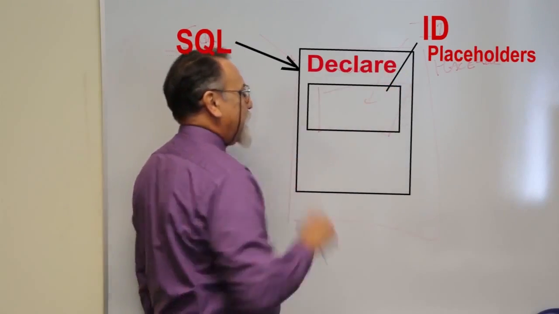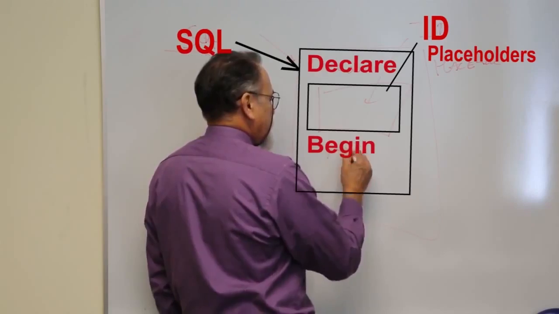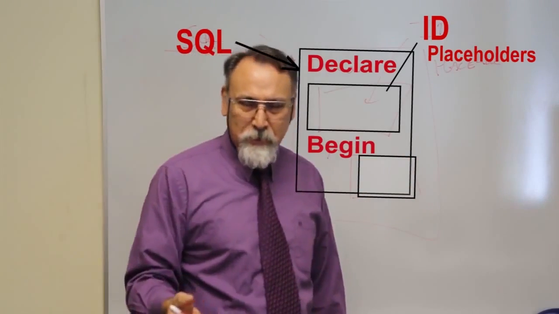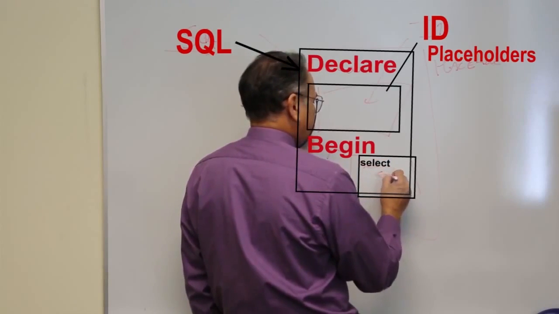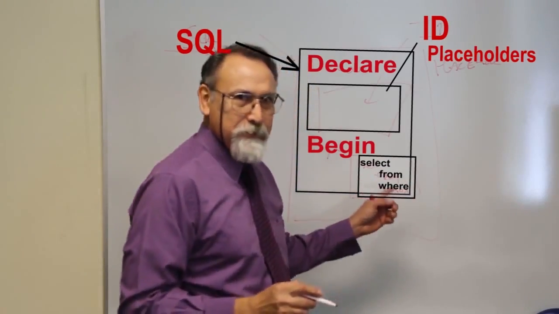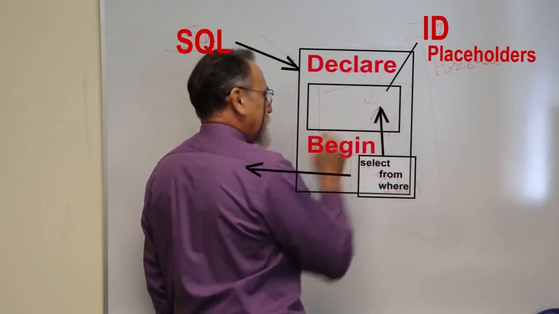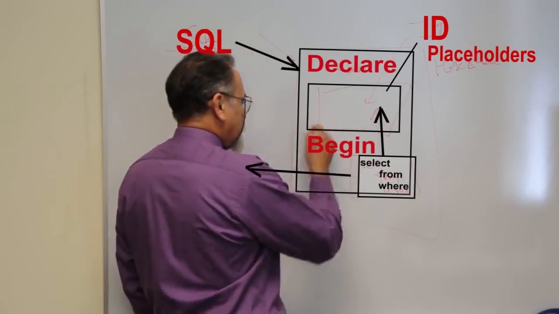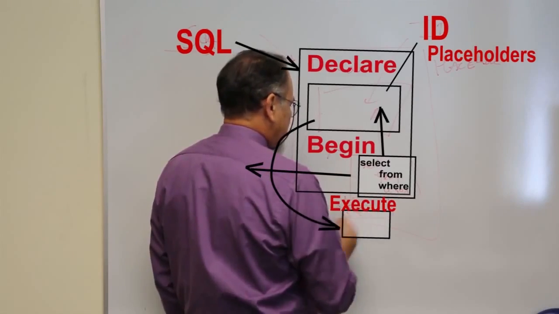Once you identify the placeholders, there's a begin. The begin is where the action occurs. This is where you do the select from where. The select from where will extract the information from the database, and it will deposit that information in these placeholders. And then these placeholders will be used to execute some item.